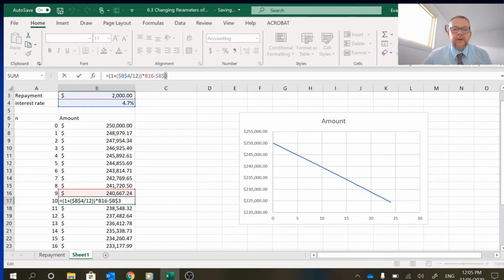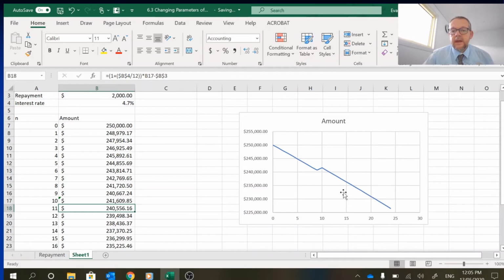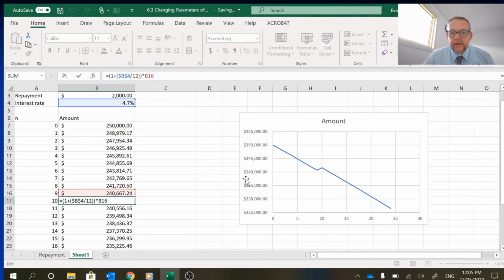What happens if I just pull off a repayment? You can see here that that graph has gone up, hasn't it? So the balance of the loan has increased. Now that's at the 11th month and 11th period, yeah. So that's gone up. Or 10th, that makes better sense.